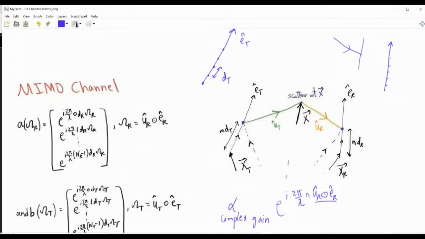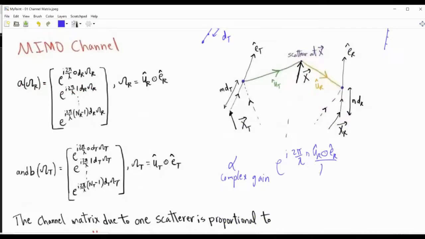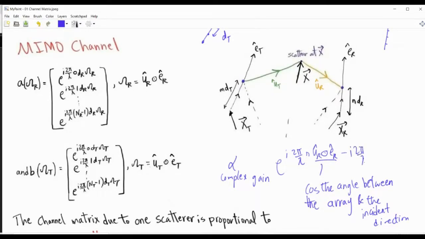And because these two are unit vectors, this is cosine of the angle between the array itself, where the antennas are placed on a line, and the incident direction. Okay, and then there is another term which is minus i 2 pi over lambda.